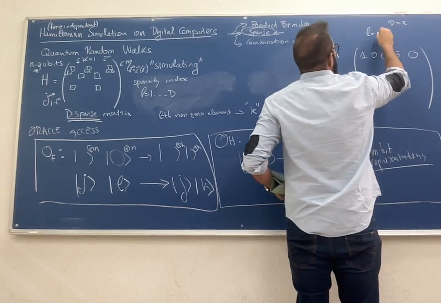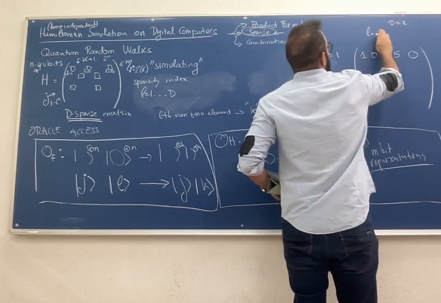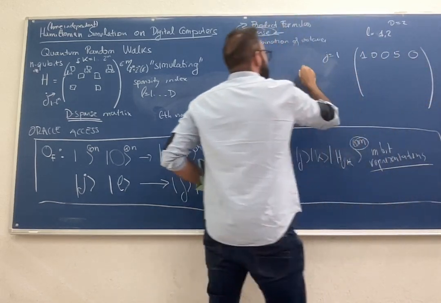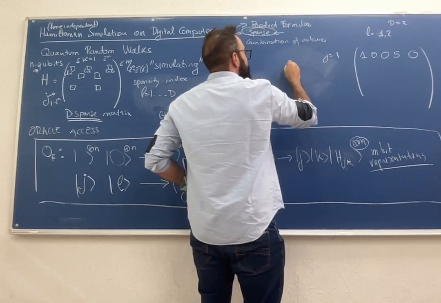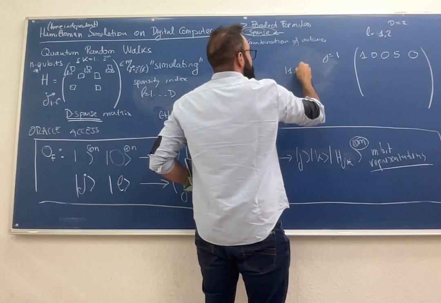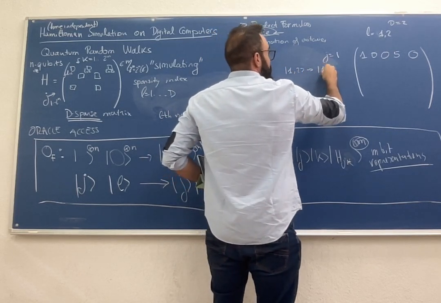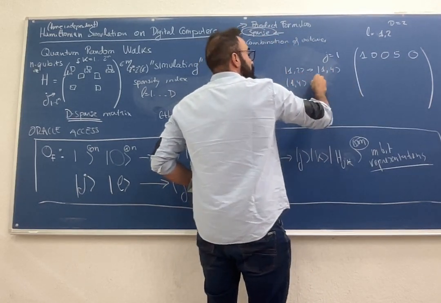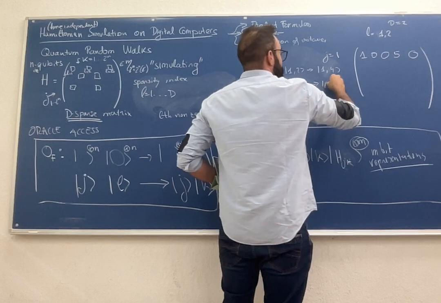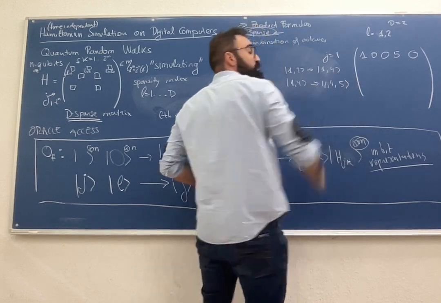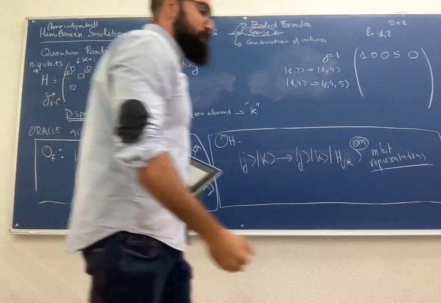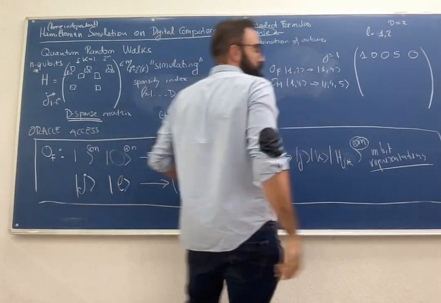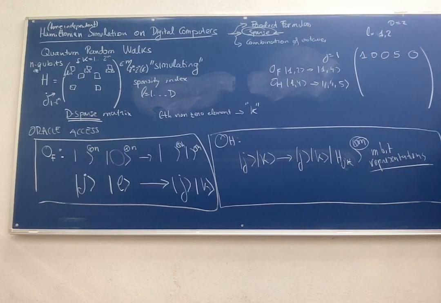And if, for instance, I ask for L, it is going to be 1 and 2, and basically when I use the first oracle with 1, 2, this is going to return me 1 and 4. And then when I feed with 1 and 4, this is going to return me 1, 4, 5. Okay? That's the second one. This is the OF, this is OH.